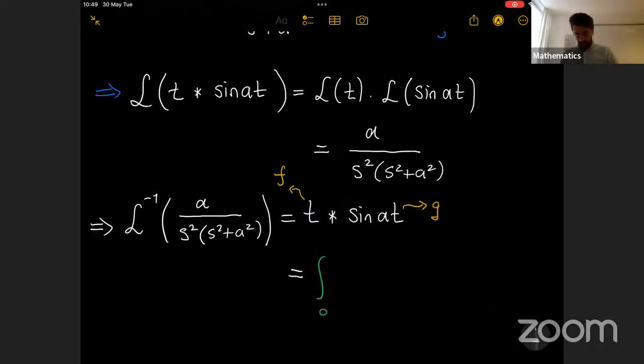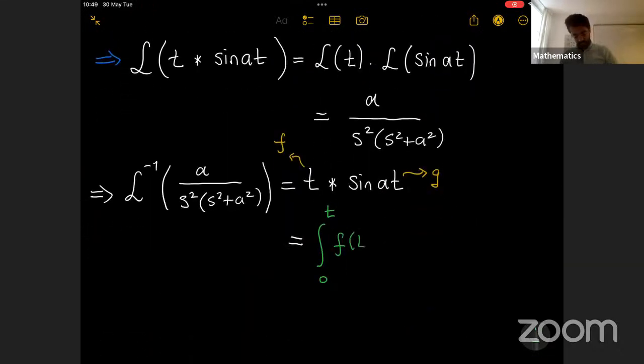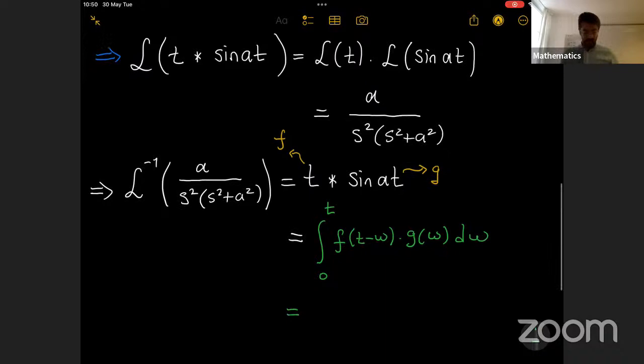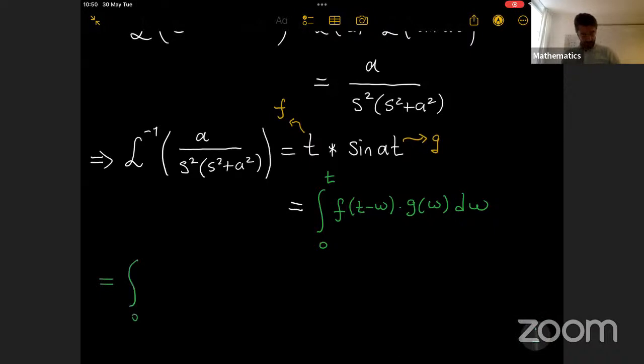It's the integral from 0 to t of f of t minus w times g of w dw. Now, integral from 0 to t, f of t minus w, where f of t is t, so t minus w, times g of w, which is sine a w, dw. And we will compute this integral.